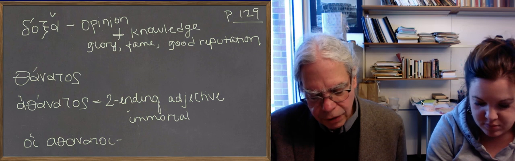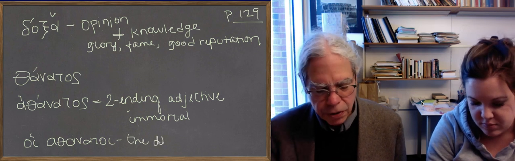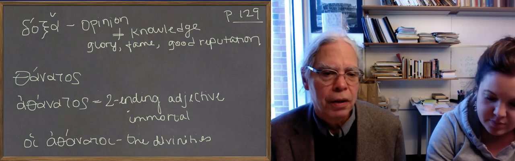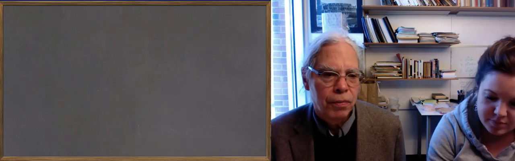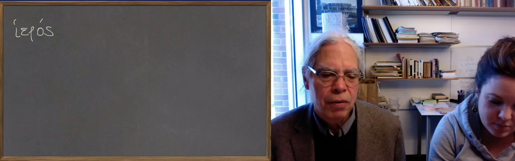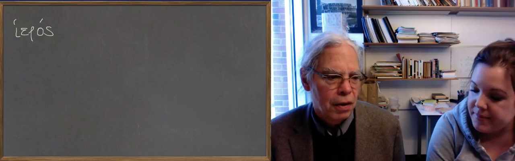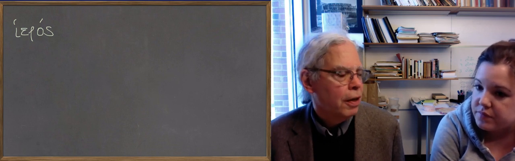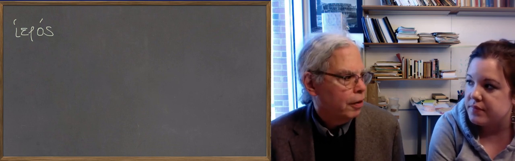There's another adjective that immediately follows it, hieros, hieron, which means holy or sacred. There are a lot of sacred things in daily life in Greek. There isn't the kind of rigorous distinction that we make between what's sacred and what's profane. Everything is sacred in the right context.